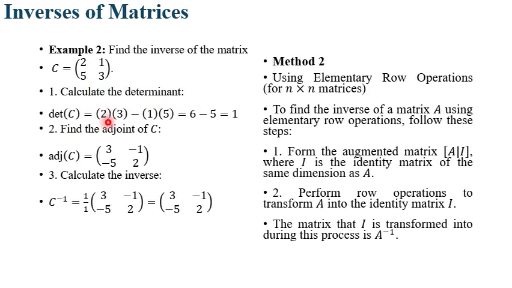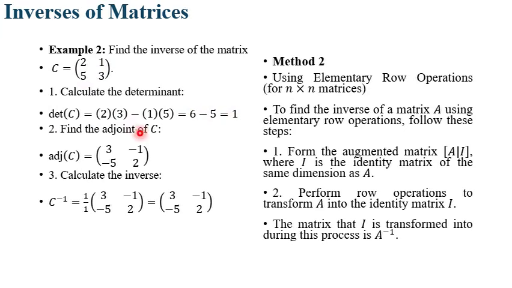The inverse of the matrix C will be equal to 1 all over the determinant of the matrix multiplied by its adjunct. So now, first thing to do is to calculate the determinant. All right, that should be something simple for you to do now. So that will be 2 times 3 minus 5 times 1. So if done well, you should get 1.